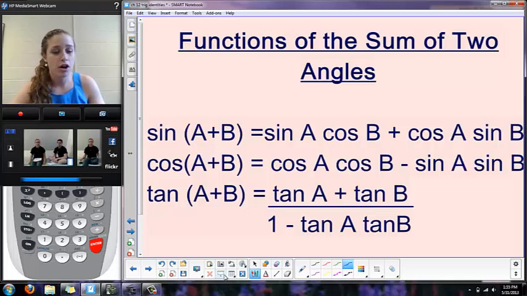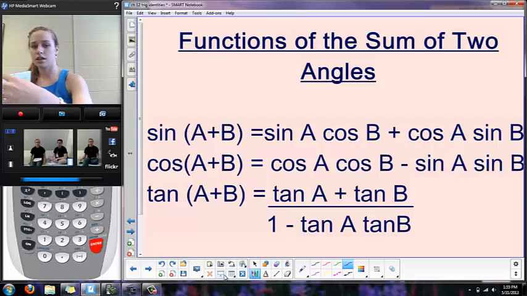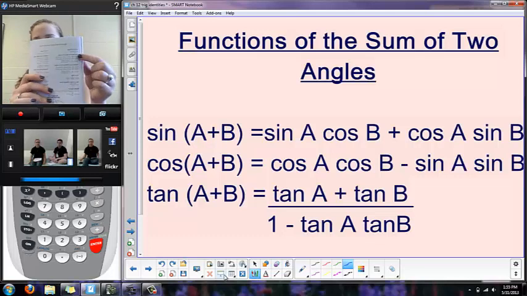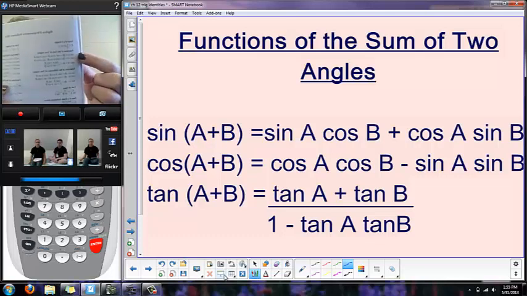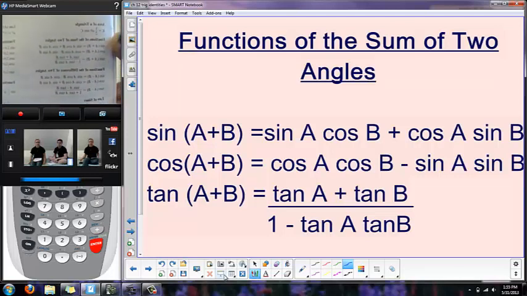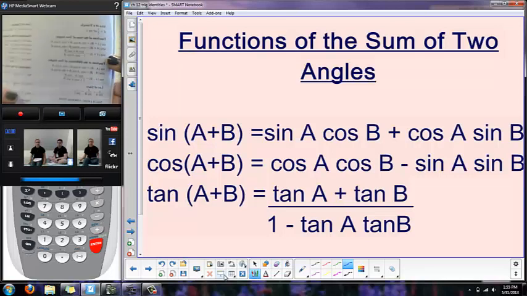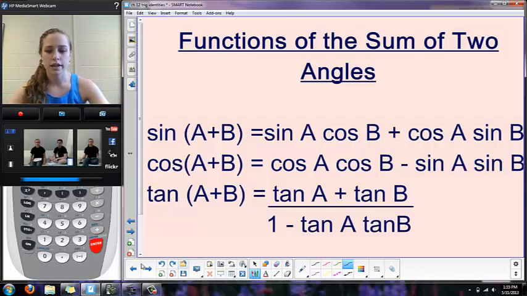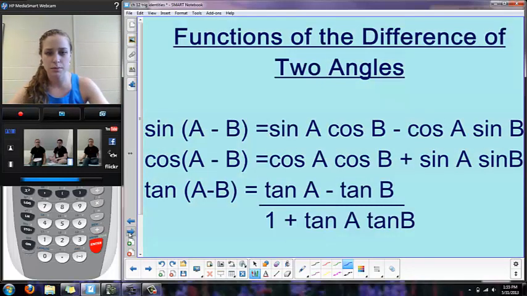Number two, all you're going to do is plug values into the equation, so it's not going to be that bad at all. On your reference sheet, right up here in the top left-hand corner is where you can find the equations for the sum of two angles: sine, cosine, and tangent.